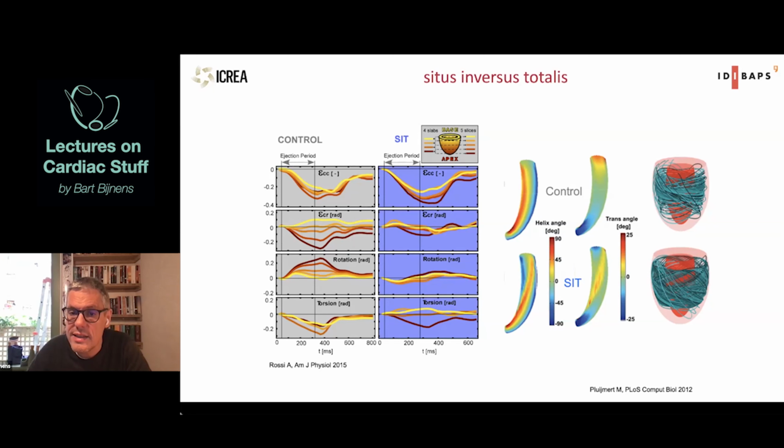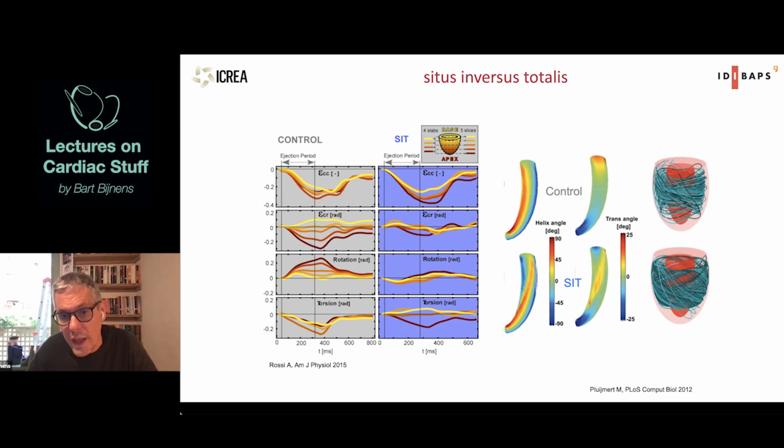In situs inversus totalis, you have a change where in the base and the apex you have this difference. So you also have a smooth fiber orientation, and this is also an optimal solution to get the deformation with the lowest energy, but with a different starting condition.